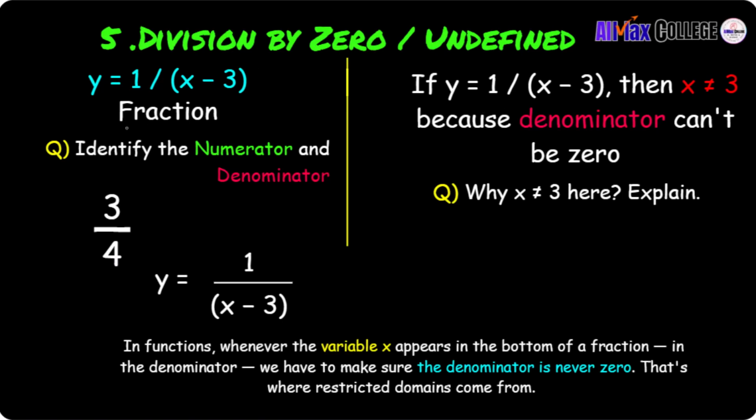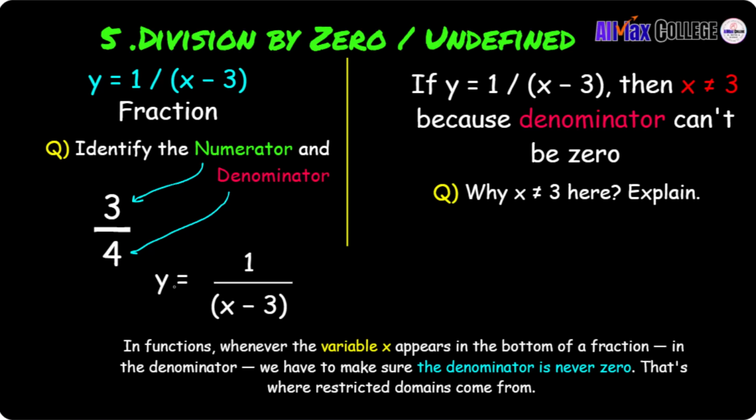As an example, 3 over 4 is a fraction. The bottom number is the denominator, and there's another one called the numerator. This is the numerator of a fraction.